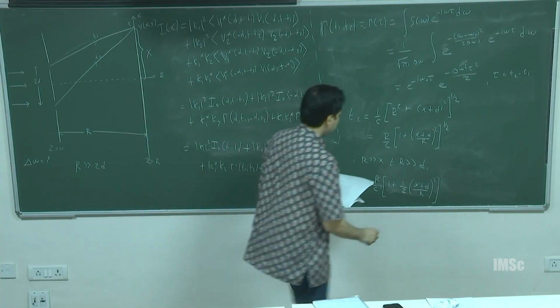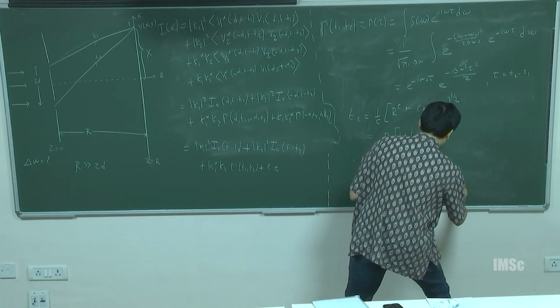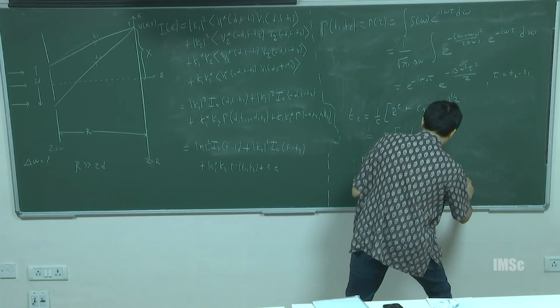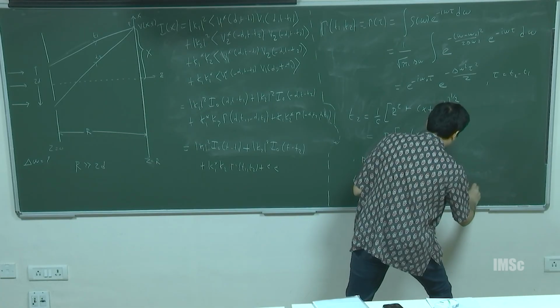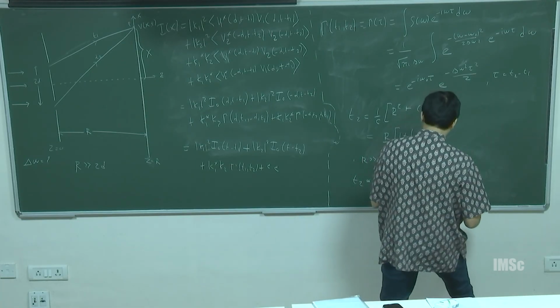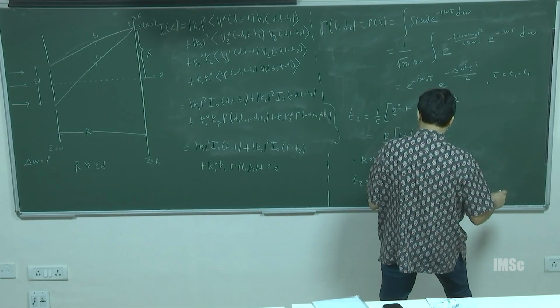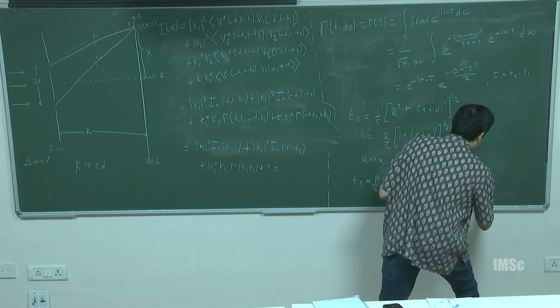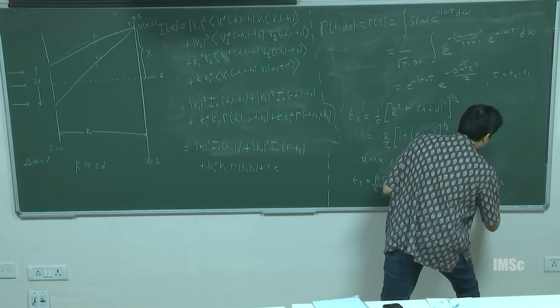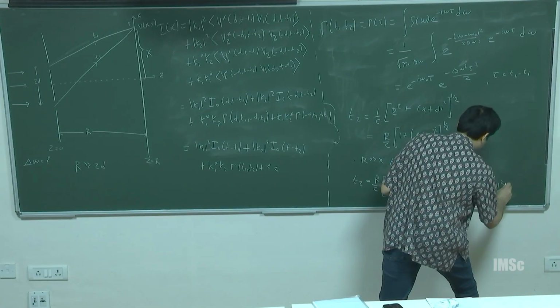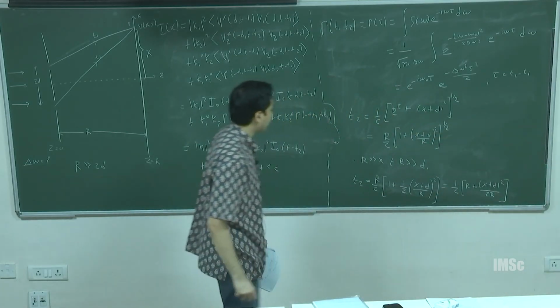So this is what we have. So it's 1 by c times r plus, and this is what we get.